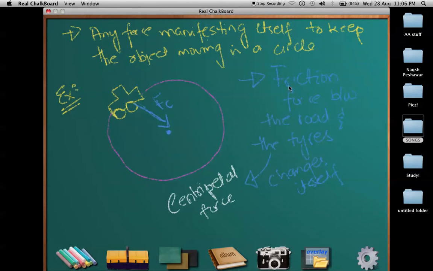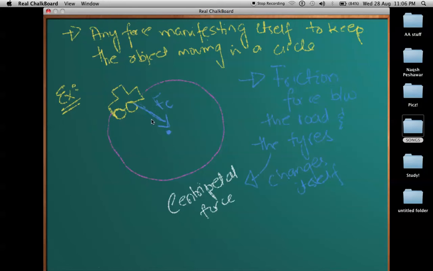This changes itself, the friction force between the tires and the road, and it forms the centripetal force in this case.